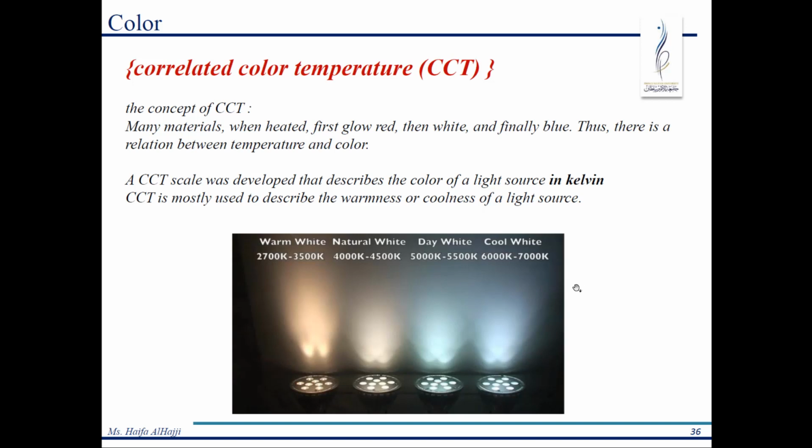Probably you've learned before, in physics or chemistry, that when you heat a material, sometimes it will emit certain lights. When you first heat it, the first thing that glows is red. Then when you heat it more, you get white light emitted. Then when you heat it even more, you get a blue light. So this is where it came from: they related each light with its temperature.